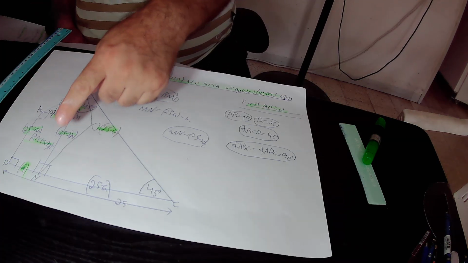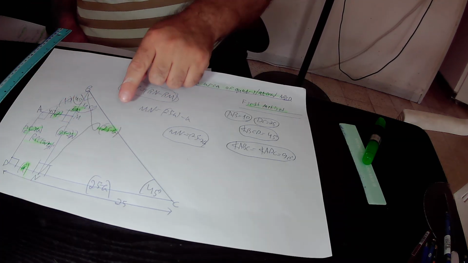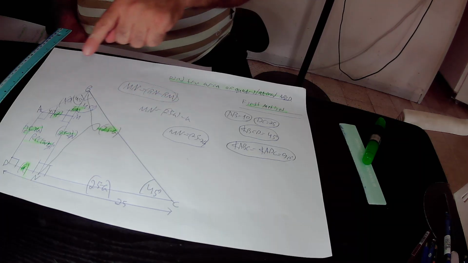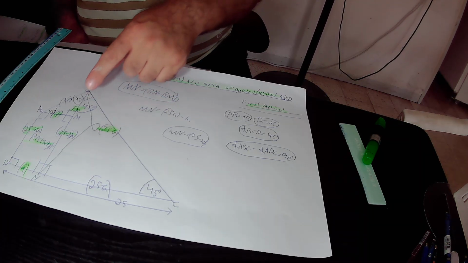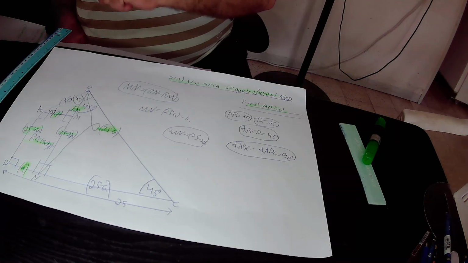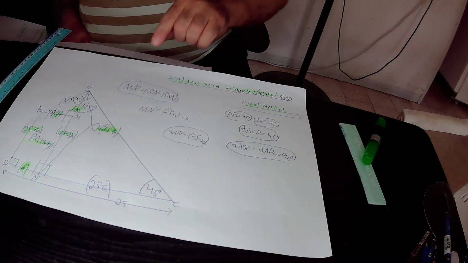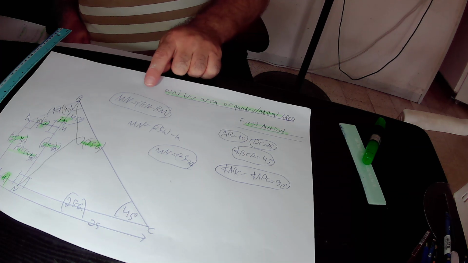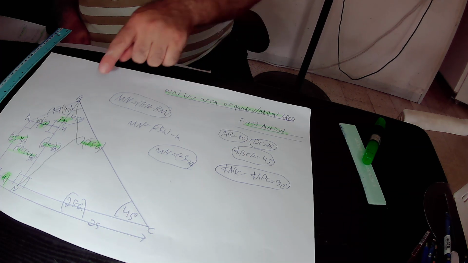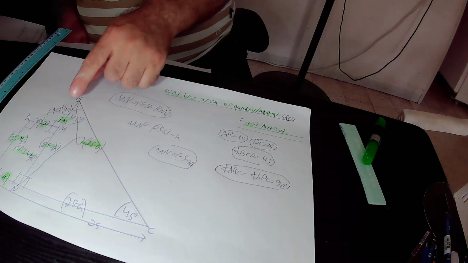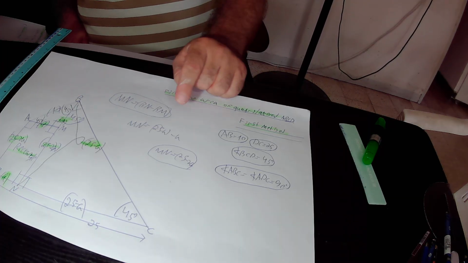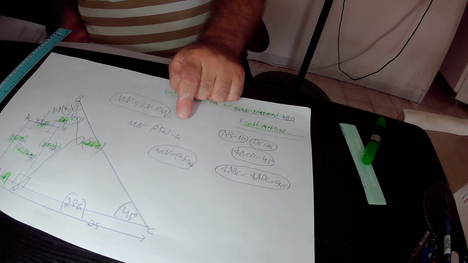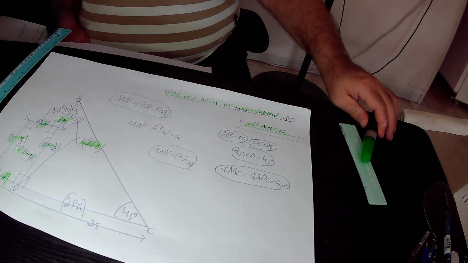So MN in total equals BN minus BM. That is, MN equals BN, that is 25 minus a, minus BM, that is a. So in total, MN equals 25 minus a minus a, that is 25 minus 2a.